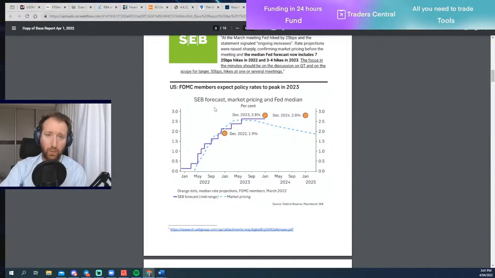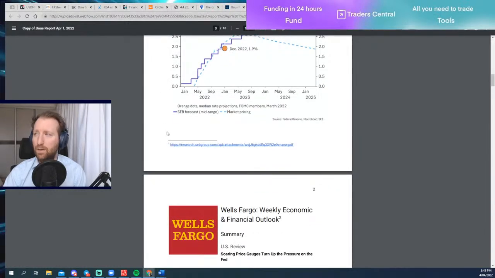QT is the opposite of what we have been doing so far. QT is quantitative tightening, which means they are going to start selling their bonds, not buying bonds anymore, which will take some money out of the market, because if they sell bonds to the market, the market has to buy them.